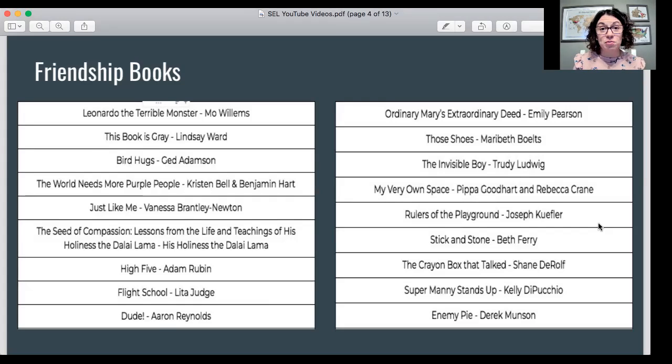The World Needs More Purple People, if you haven't read that. It's a fun one. So a lot of the crayon books, if you're a primary teacher, you probably know a lot of those books are great. Enemy Pie. Gosh, there are just so many great ones. So check out the list.